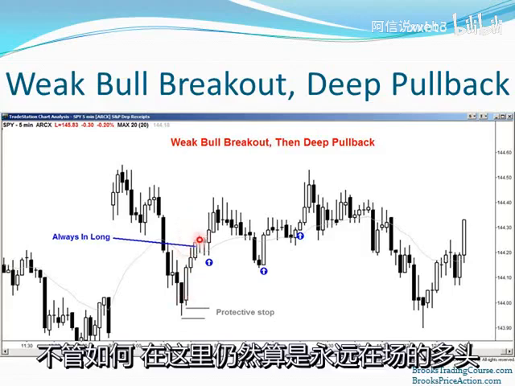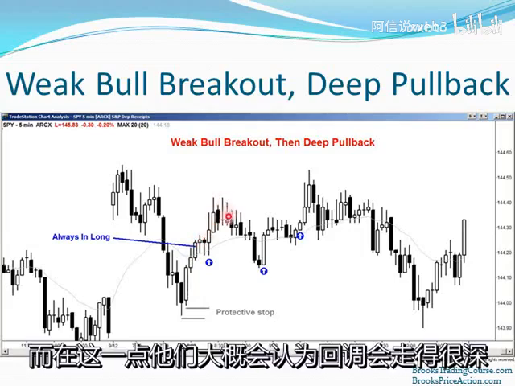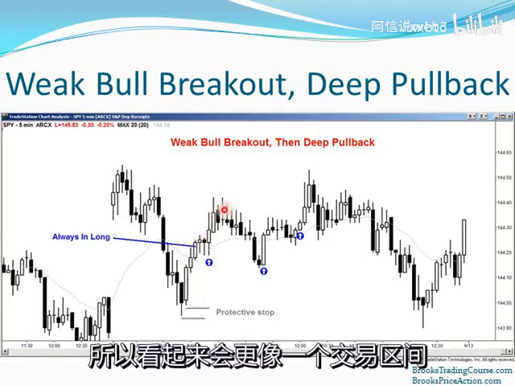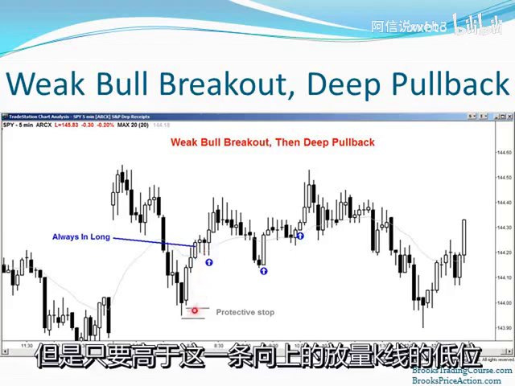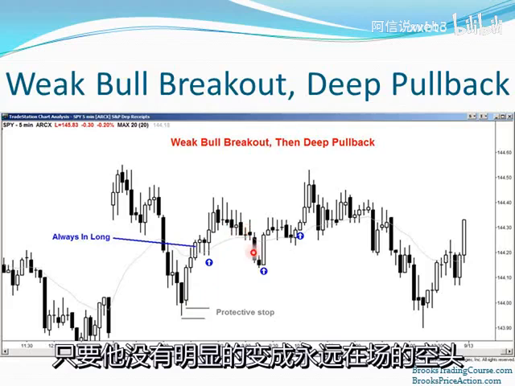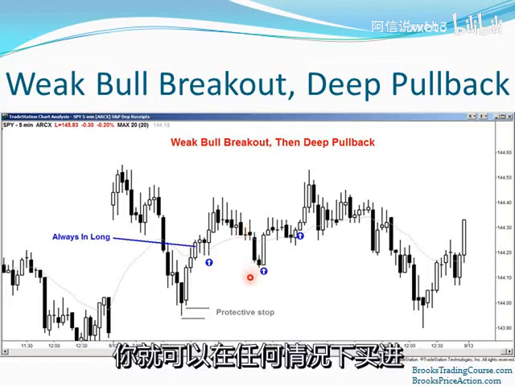In any case, it's still always in long, so traders are expecting a pullback, but at this point, they're probably thinking the pullback will be deep, and it probably will be trading range type behavior, falling below prior minor higher lows. As long as it stays above the bottom of the spike, though, and as long as it does not clearly become always in short, it's still always in long, so you can buy for any reason.